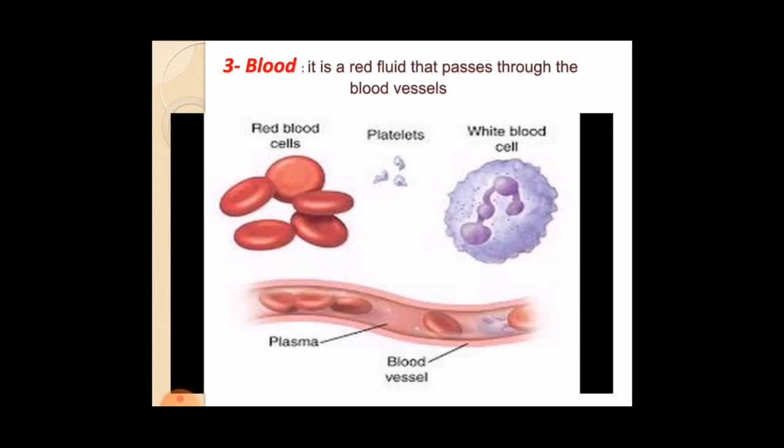It consists of red blood cells, white blood cells, blood platelets, and plasma.